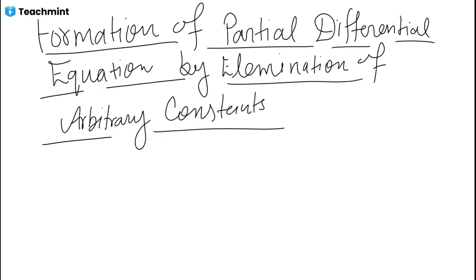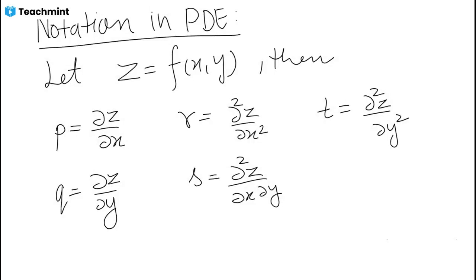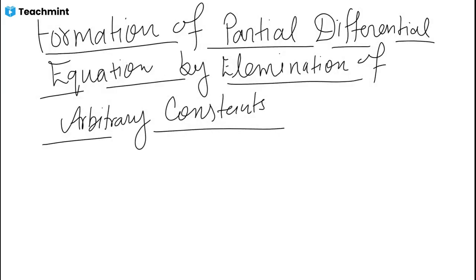Let us understand by using an example, because instead of arbitrary constants, we use these terms p, q, r, s, t. You will understand well by using an example.